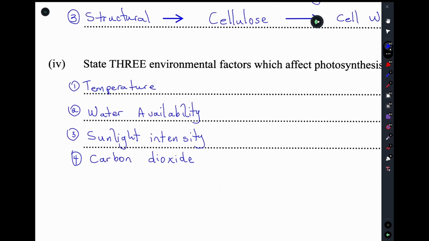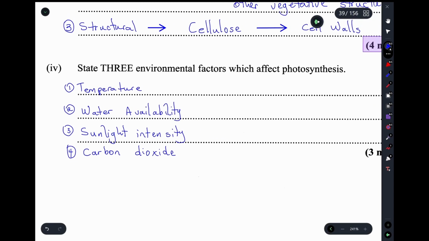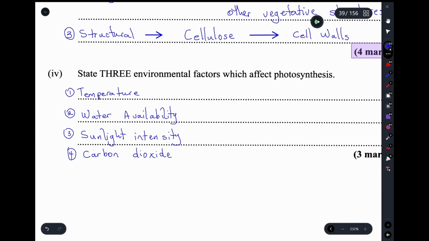So if I were answering this question, I would choose from this list. They asked for you to state, which is another way to simply say list, right? They just want a list of 3 environmental factors. It is not necessary to explain the effect of the environmental factors, and we don't really have the space for that.